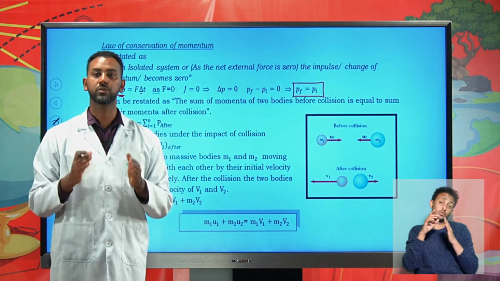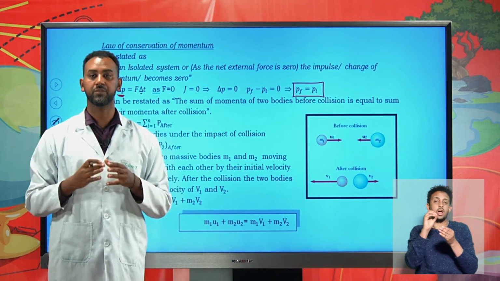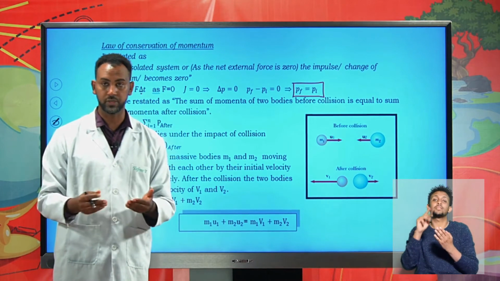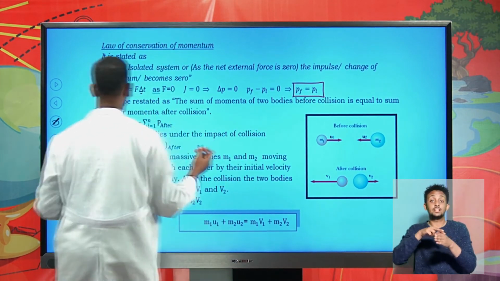So for the law of conservation of momentum on a given isolated system, if the net force exerted on them is 0, then the momentum is conserved. Keep this in your mind. The final and the initial momentum are conserved.